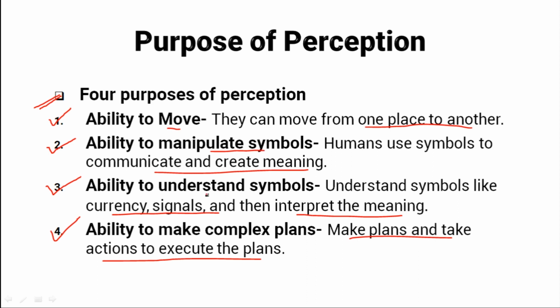Then the third purpose is the ability to understand symbols and make decisions based on them, such as following traffic signals while driving. And finally, the fourth purpose is the ability to make complex plans and execute them, such as planning and preparing a meal. These functions make human beings unique and different from other simple organisms.